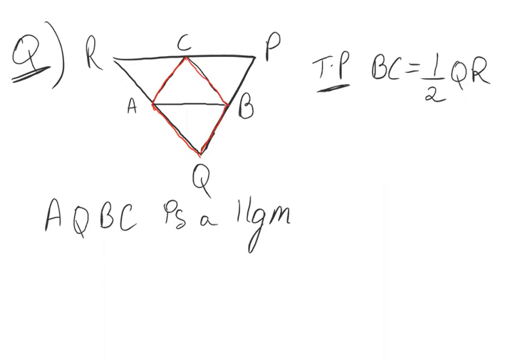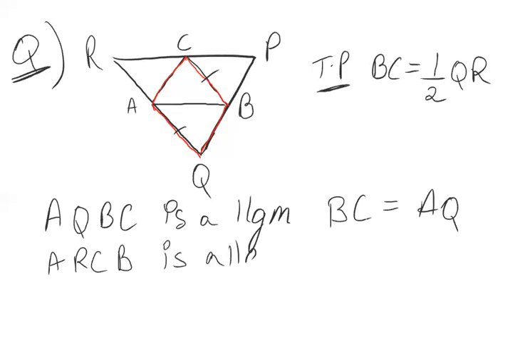Since they have given that, therefore BC is equal to AQ. All right, so they're opposite sides of a parallelogram, and also ARCB is a parallelogram, and BC is equal to AR. Put that in perspective, ARCB, it's this one.